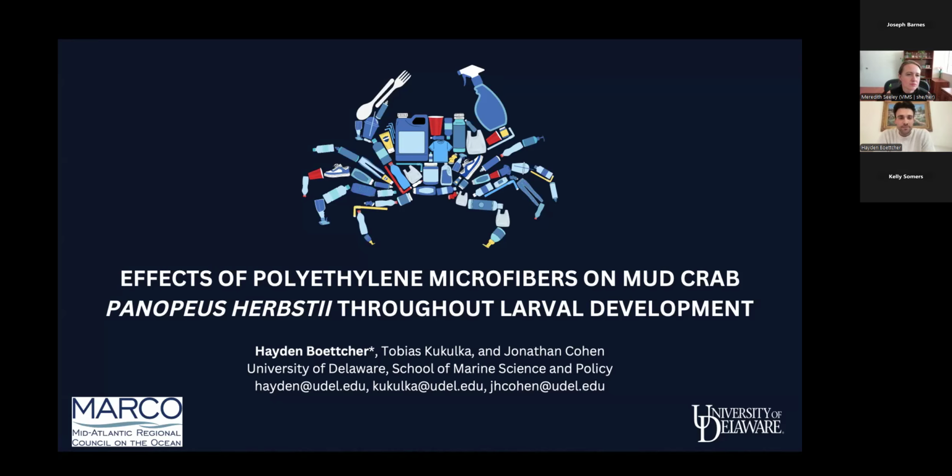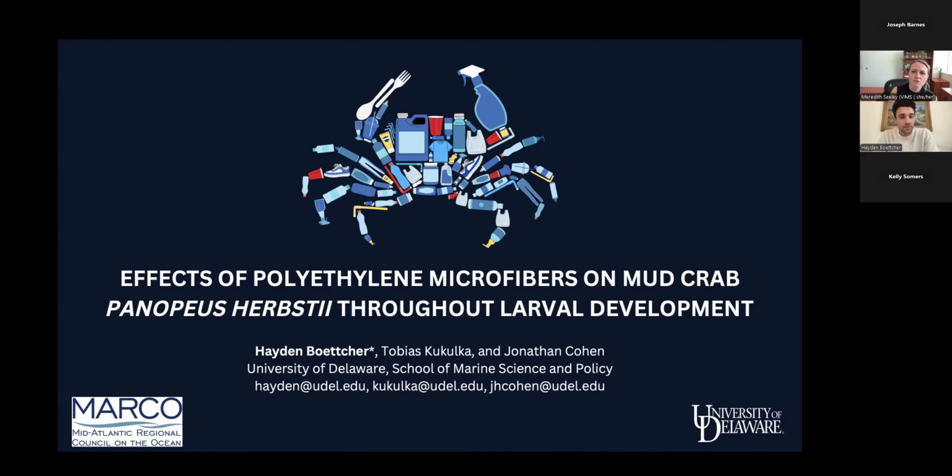Today I'm going to be talking about that third research goal that Kelly described a few seconds ago, which is zooming in on, let's take this to the lab in a very hyper-controlled setting and see what effects we can tease out of how microplastics and microfibers can have an impact on the development and physiology of crab larvae.